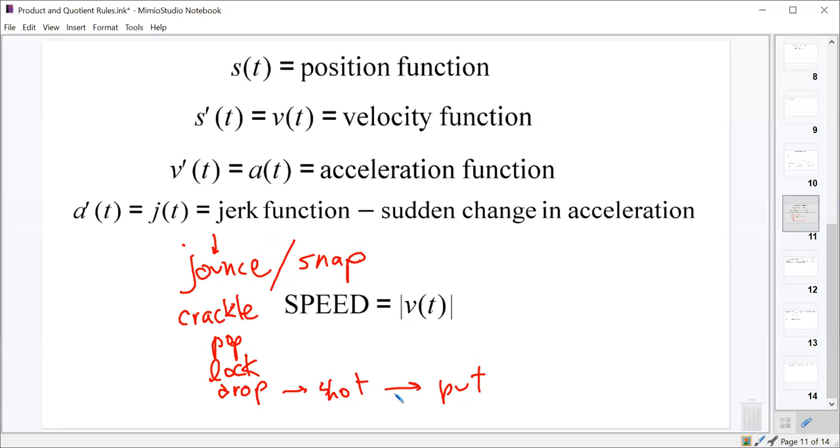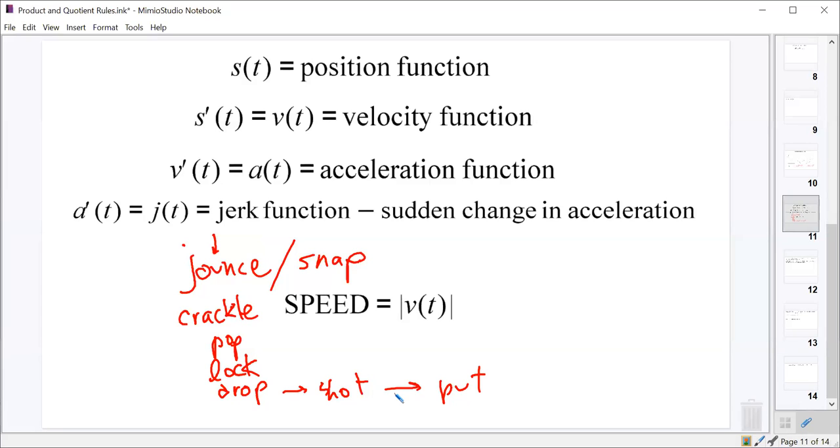If you think about just going down to jounce. Suppose we're accelerating in our car, and we're going up over a hill, and as we crest that hill, even though we're pushing down on our accelerator at the same speed and should be accelerating at the same rate, we have a sudden change in our acceleration, so that's our jerk.